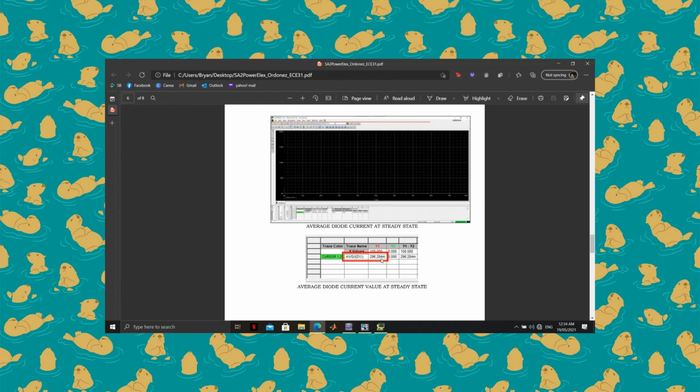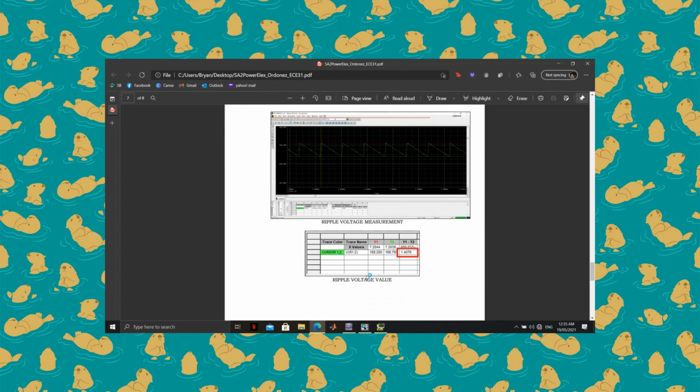We recorded the value between the 60-second point and the 100-second point because that is where the current is steady. From 0 to 60 seconds, the average diode current slowly decreases, and it is steady at the 60-second to 100-second period.